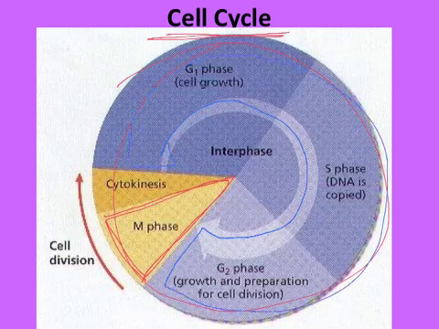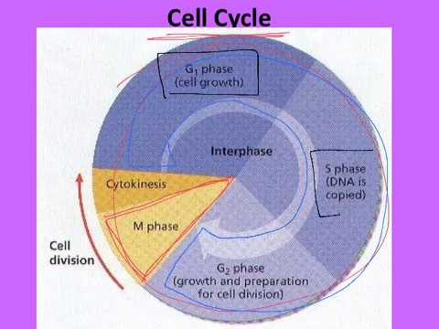And interphase starts with the G1 phase, and that's when the cell starts to grow after it's divided. Well, after it grows, then it needs to start copying its DNA again so it can prepare for cell division. So if it doesn't have the right number of chromosomes, if the DNA has not been copied correctly, then mitosis is not going to go well.